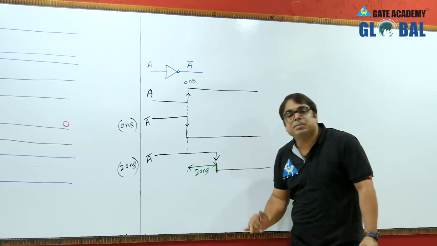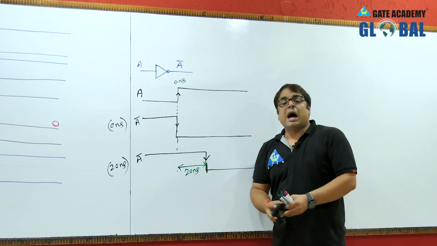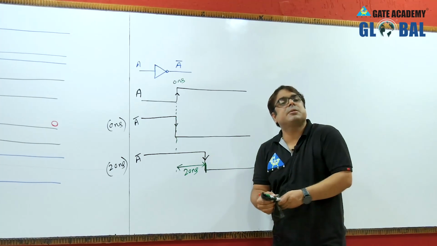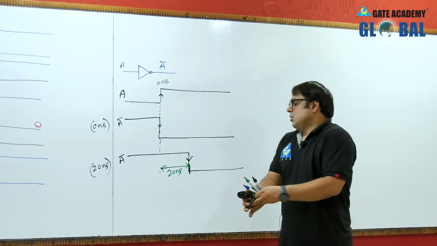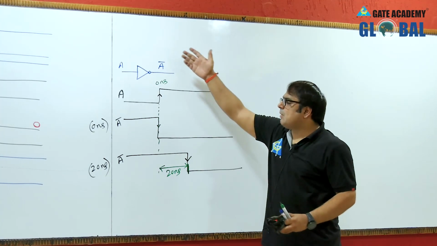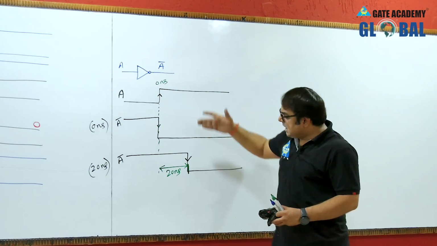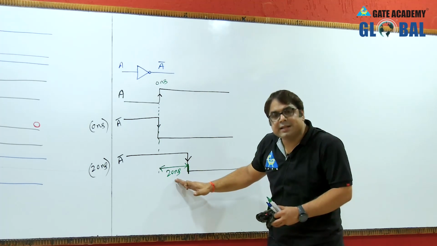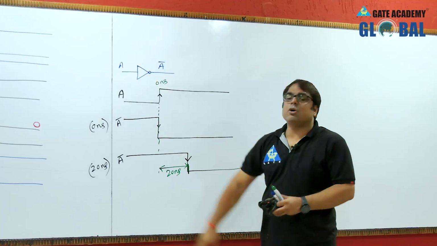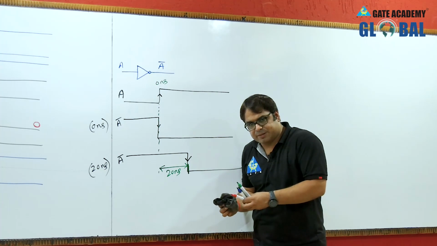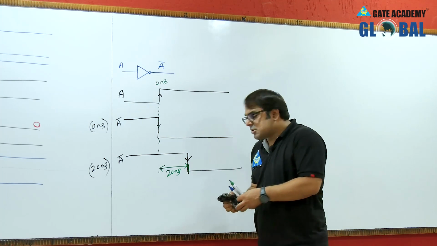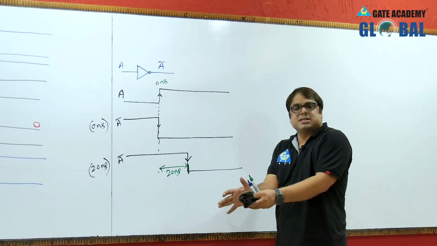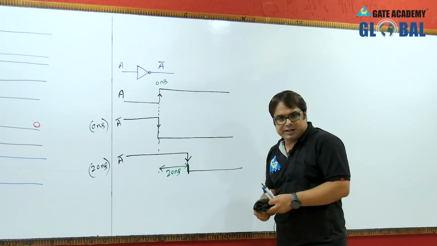Stabilized means it will not make any further change. So whatever changes you are doing in the input is being stabilized at the output after 20 nanosecond, because the delay of this NOT gate is 20 nanosecond. So we can also say the amount of time which the output of a circuit takes to stabilize itself is the propagation delay.